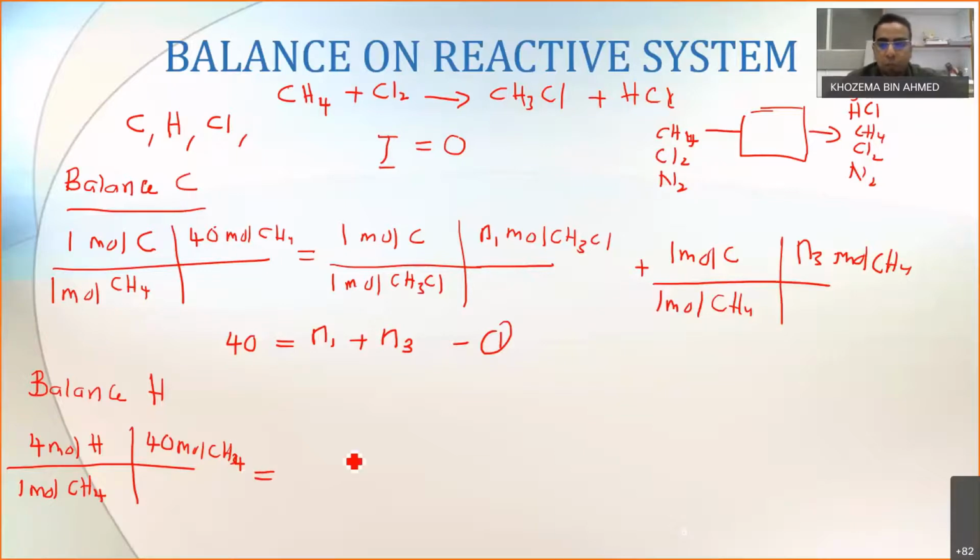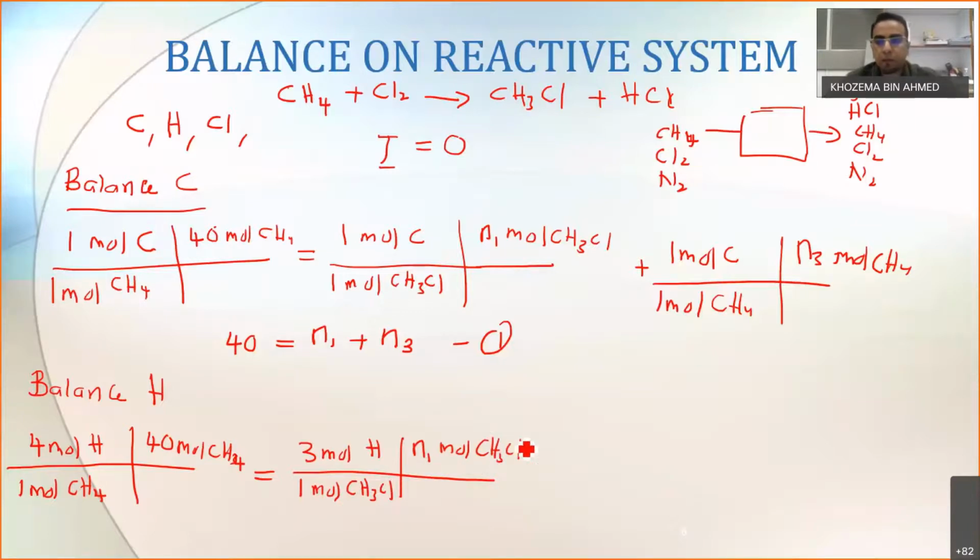And in our product side, we have 3 mole of hydrogen in every 1 mole of CH3Cl, and then the mole of CH3Cl is N1.